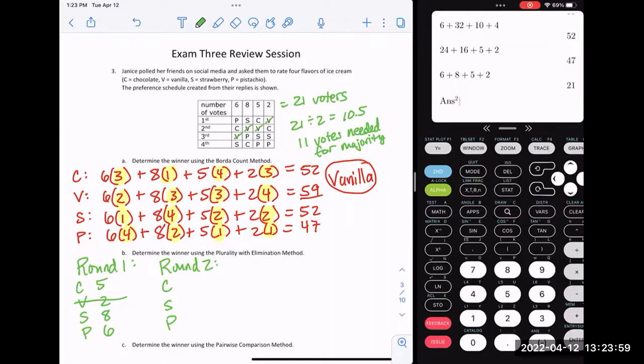So my totals are going to be different, right? This is going to be different this time because vanilla had 2 votes, but now those voters would vote for their second place choice. So if I look at how many votes chocolate has, I've still got these 5 voters that are voting for chocolate, but now those 2 voters that would have voted vanilla are going to vote for their second place choice, which was chocolate.